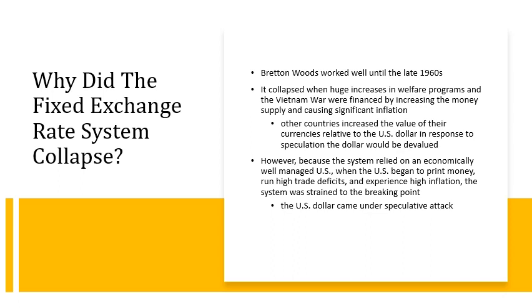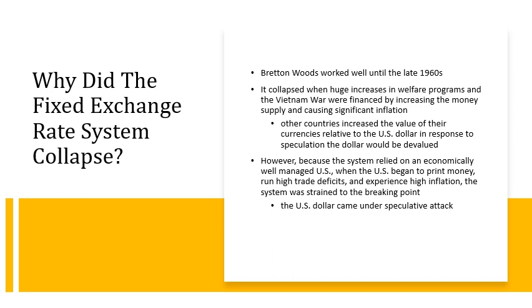Internationally, the fixed exchange rate that we discussed previously was in place and functioning well till the 1960s. However, in 1973, it completely collapsed. And since then, we have had a managed float system.